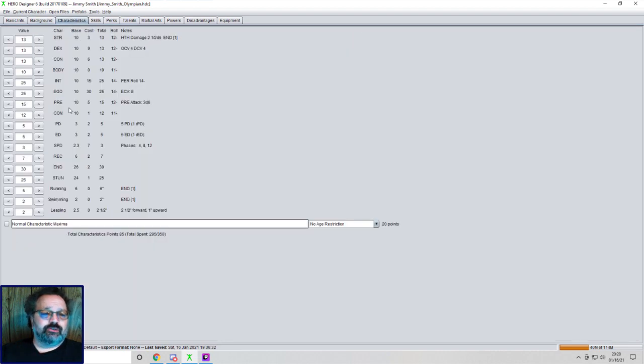And then his characteristics, which it always bears mentioning that for these top characteristics, from strength down to comeliness, these are base characteristics, and they have normal human maxima. A normal human would be 20, and then below comeliness here, PD, ED, speed, recovery, endurance, and stun are all figured characteristics.